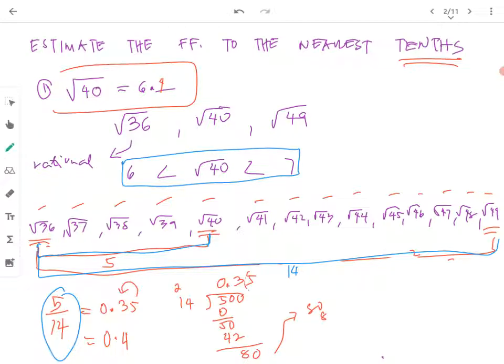By division, we can convert it into decimal, which is 0.35. Since we only need the tenths, because we are estimating the square root of 40 to the nearest tenth, we need to round it off. Since the next digit is 5 and up, let's add 1 to 3. So that's 0.4. Meaning, square root of 40 is 6.4.